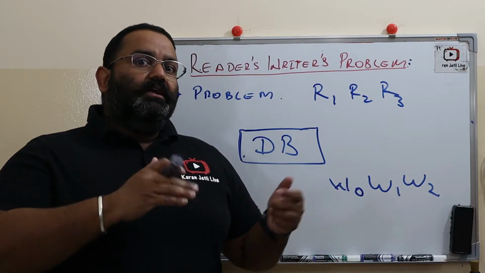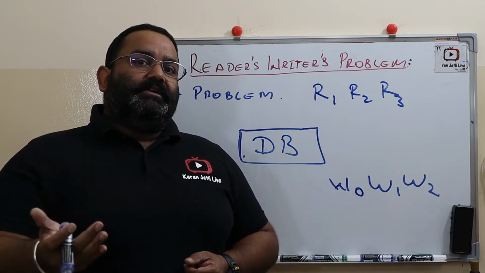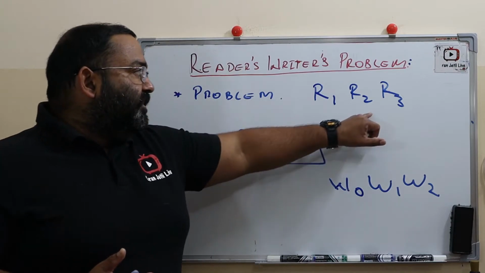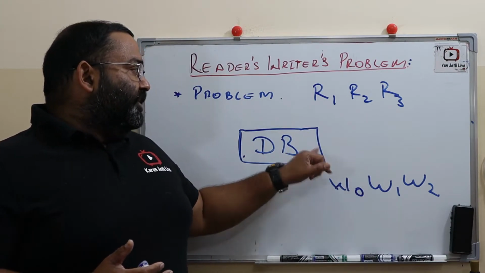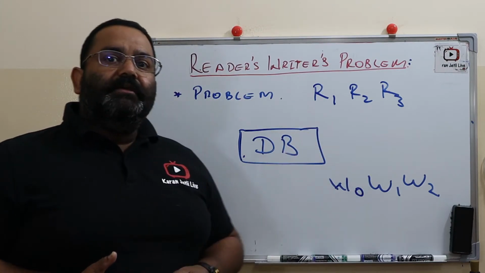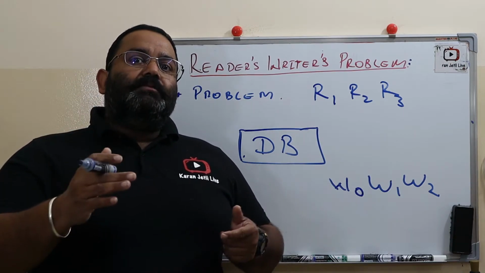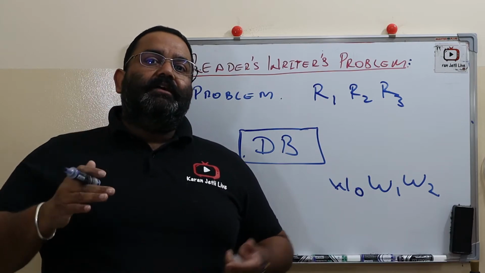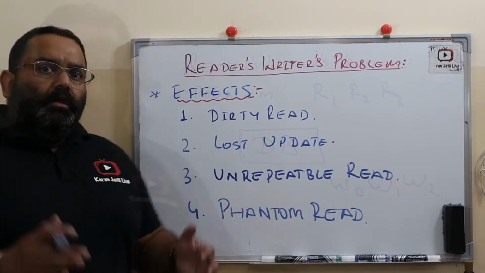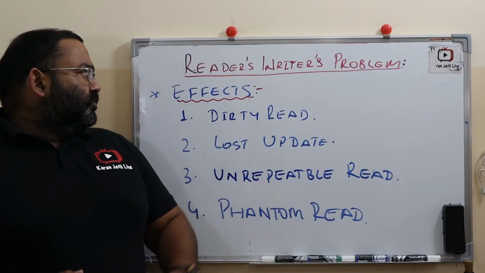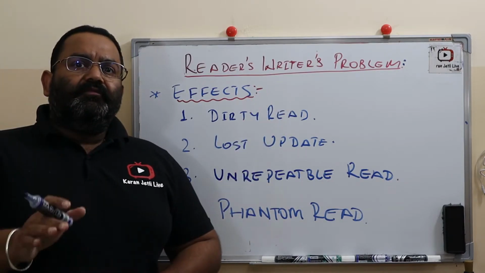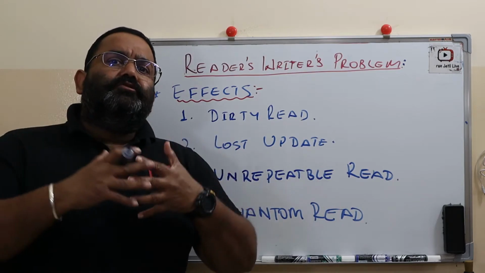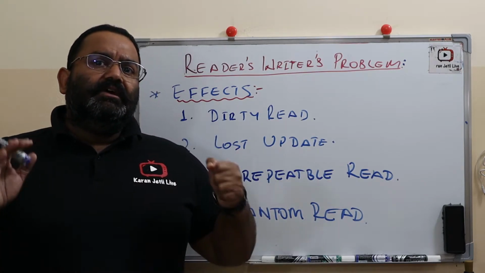Now we are studying what problems they will cause if multiple threads want to read and write on the same database without proper synchronization. So we will discuss what are the side effects if we do not synchronize the readers and writers threads.